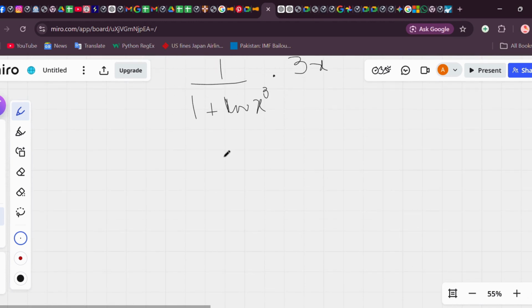So 3 times 2 square over 1 plus ln of 2 cube. 2 square is 2 times 2, which is 4, and 4 times 3 is 12.